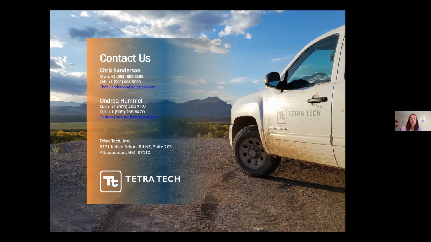Are the depth to hydrology models publicly available and where? That was something we developed at Tetra Tech using both LiDAR and field methods. And as far as availability, I would refer you to Andrea Hummel.